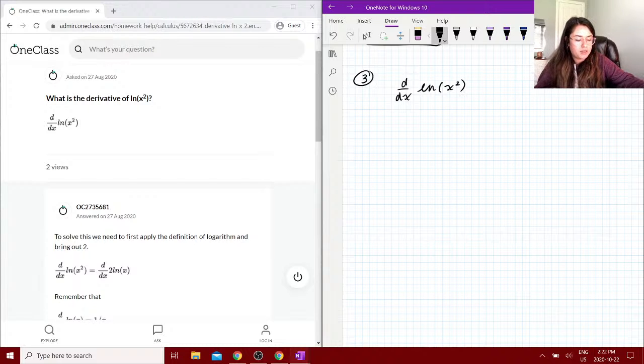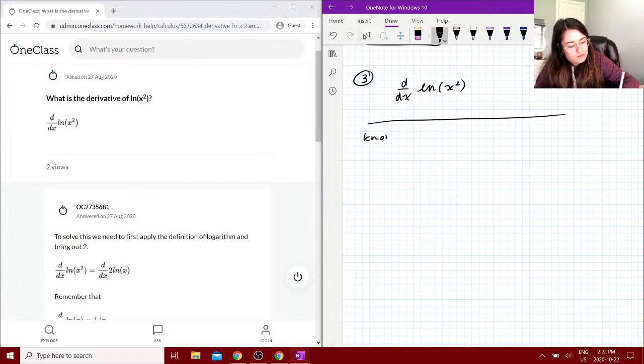So what do we know here? Well, we probably know, so you know that this is something that should be memorized. Well, we have our log laws, and the one that we can use here is the power rule.